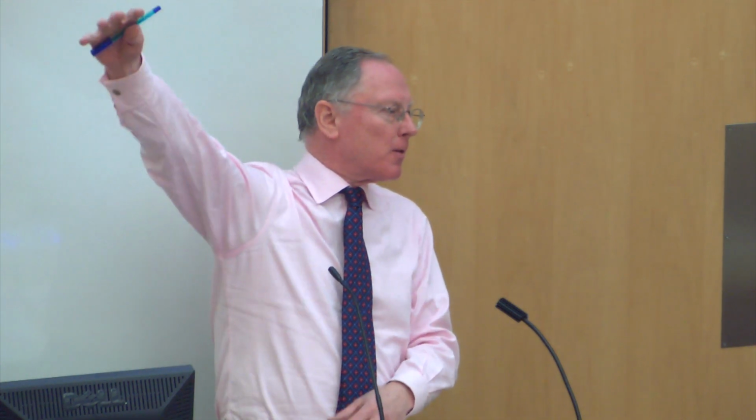It's the events of default clause, isn't it? You all familiar with an events of default clause? Yeah? It's a sort of long list of everything that you could possibly imagine that might go wrong. And if any of those things goes wrong, then essentially the lenders have the right to pull the plug and say, okay, you thought you'd borrowed this money for the next 10 years, but hey presto, it's now all due and payable.